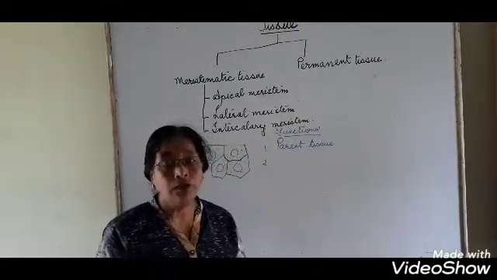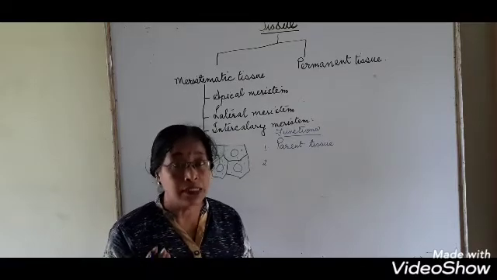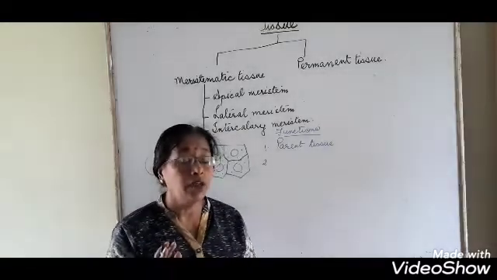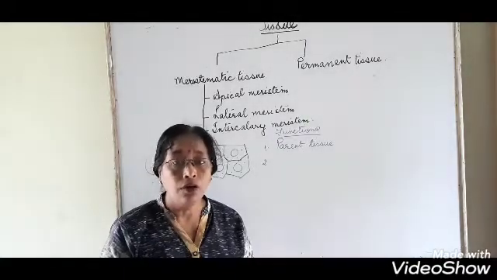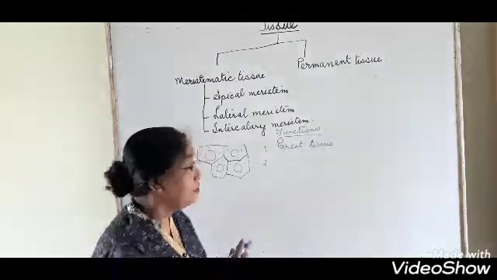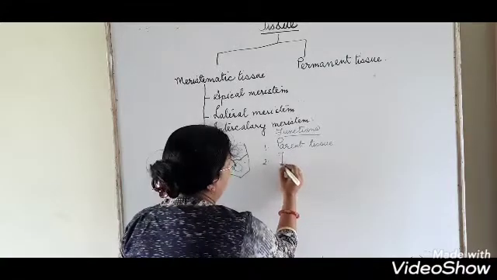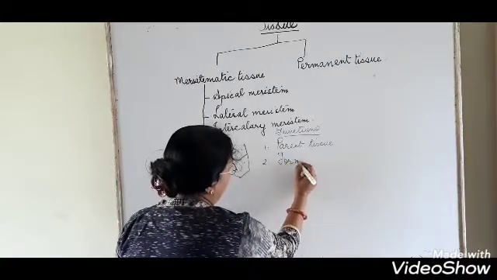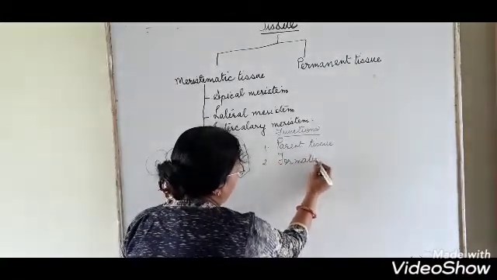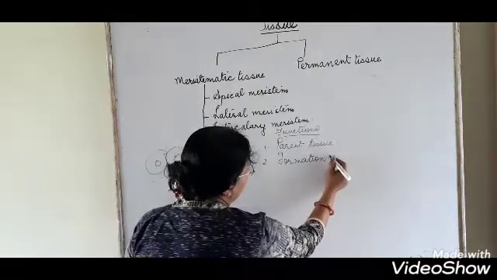Meristematic tissues give rise to new tissues or new cells. So they help in the formation of new cells.